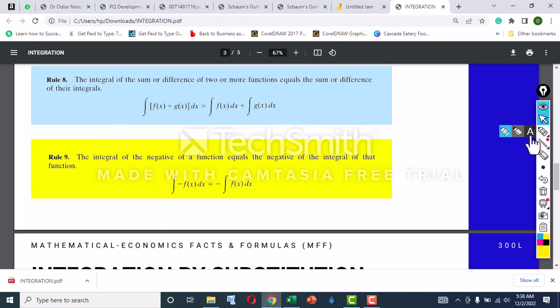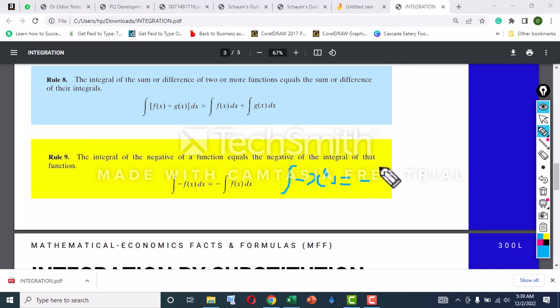This is actually saying that, for example, if you are given the integration of negative x raised to power 4, it's simply you bringing out this negative. You can bring this negative out. Remember, your dx will be there.